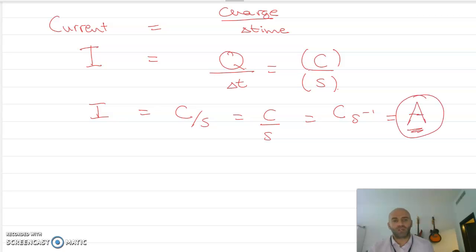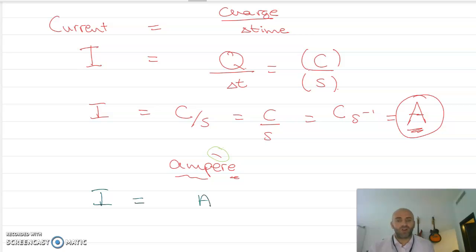Uppercase A stands for the ampere, which, as you can imagine by the accent on the E, was named after a French guy. So the unit of electric current is measured in amps.